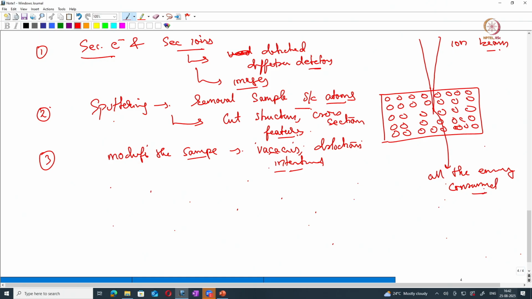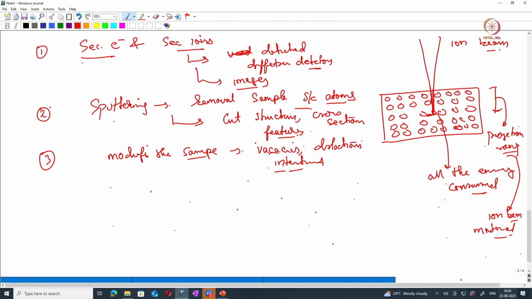Okay, so it means that it has a certain depth which is called the projection range, which depends upon your ion beam current, and on the material which is under investigation for the sputtering process. So the ion beam travels across the cross section of the sample surface up to a depth which is referred to as the projection range.